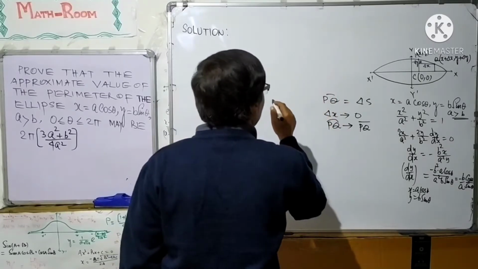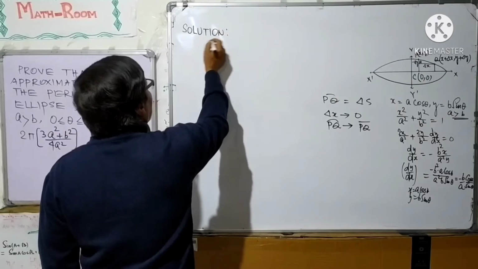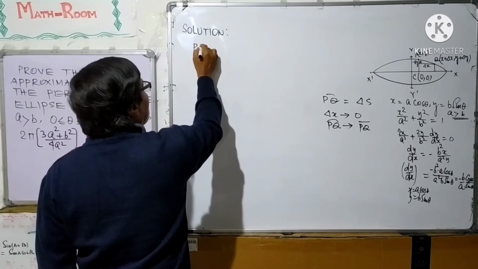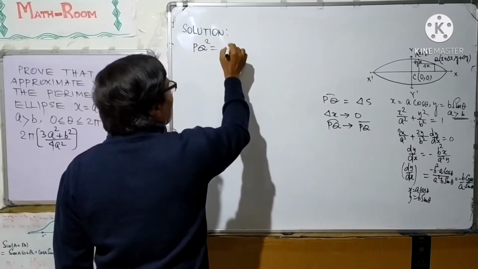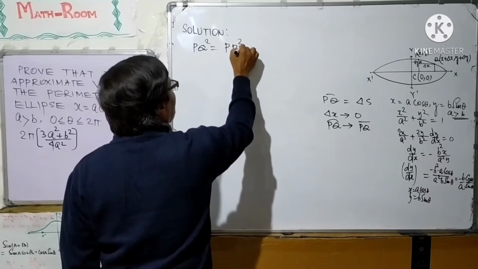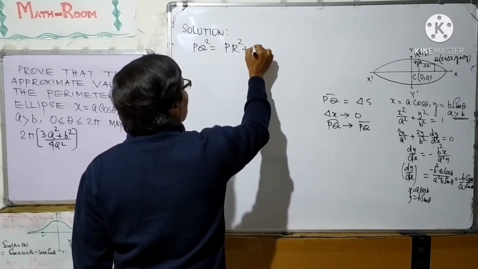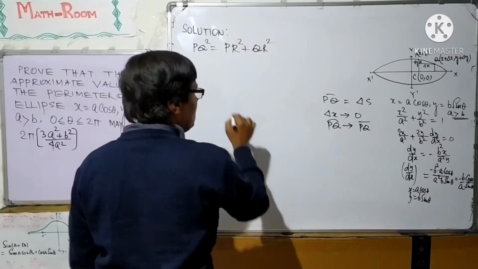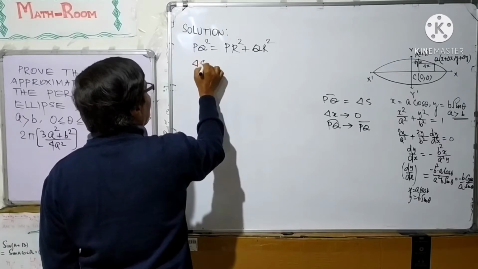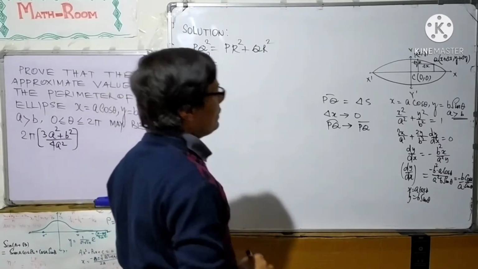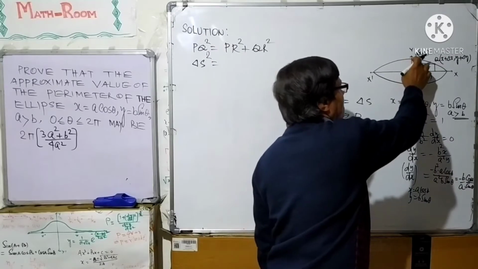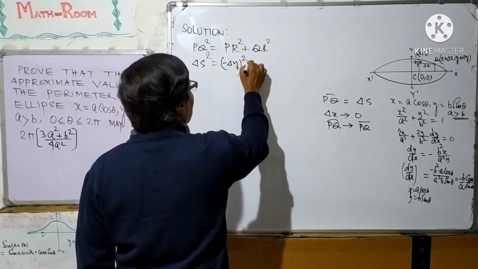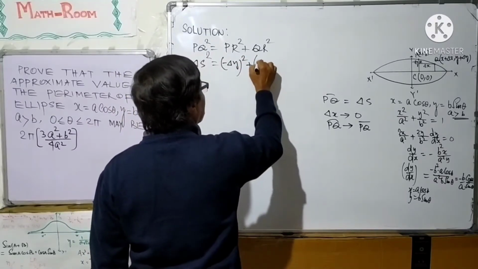So, from the properties of the right angle triangle, we can write PQ square, that is hypotenuse square, equal to PR square plus QR square. Here PQ is del S, so del S square equal to PR, that is del y square, plus QR, that is del x square.